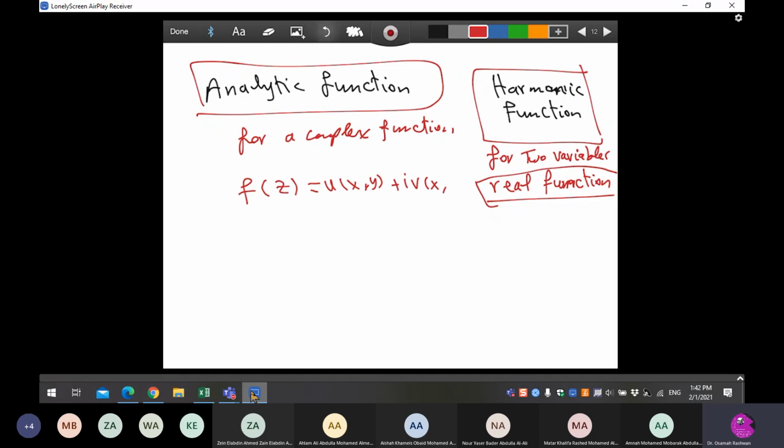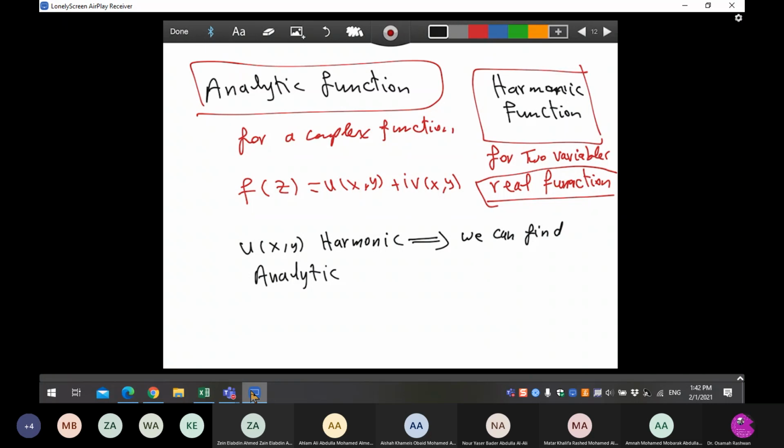So if I prove my u of x and y is harmonic, then I can find an analytic function f of z with the real part u of x and y plus the imaginary part.